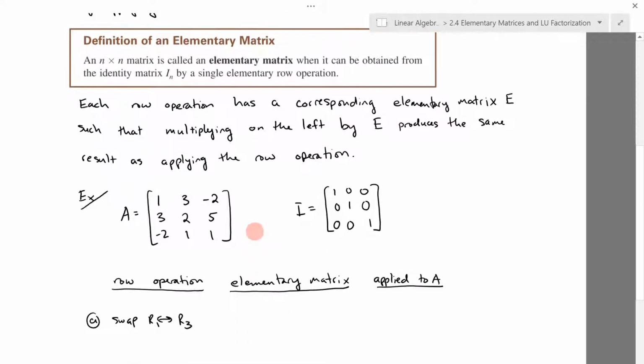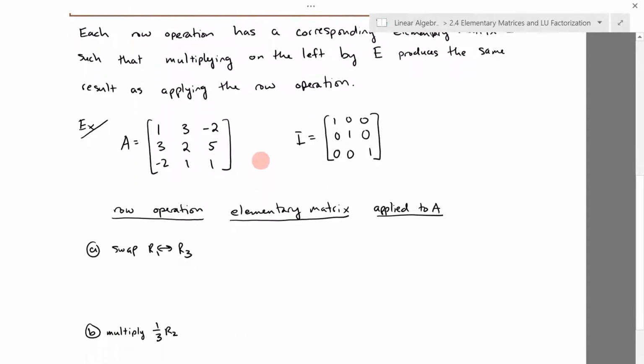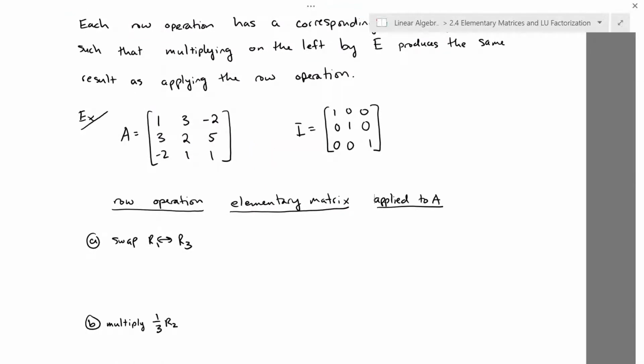So for example, say I'm working with 3 by 3 matrices. This is the 3 by 3 identity matrix. And if I want to obtain the elementary matrix obtained from swapping two rows, say for example if I want to swap row 1 and row 3, I take the identity matrix and switch those rows.